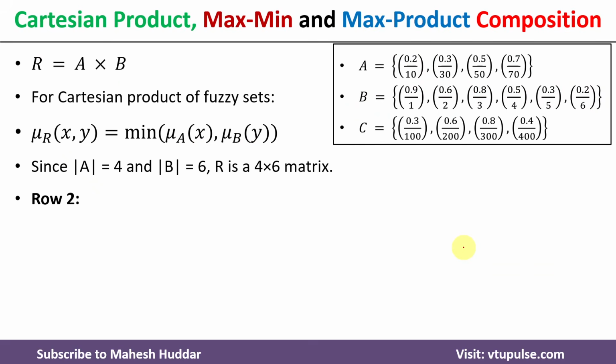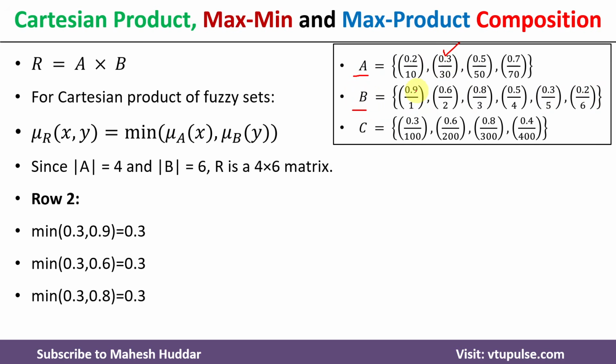Next, we will go for the second row. For the second row, we need to compare the second membership value of the fuzzy set A with all the membership values of the fuzzy set B. First I will compare 0.3 and 0.9. Between these two values, the minimum value is 0.3. That is what I have written here. Next, I will compare 0.3 with 0.6.